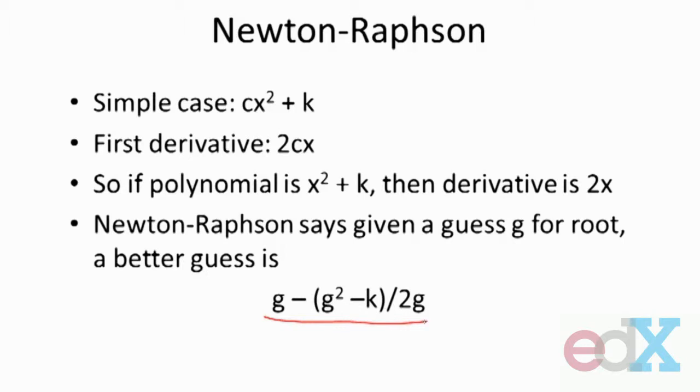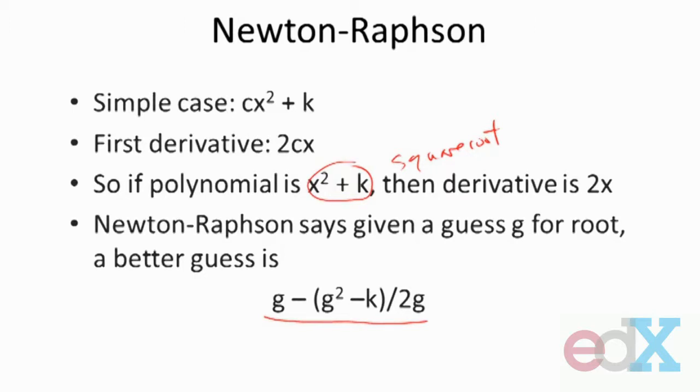It's g squared minus k all divided by 2g. And remember, we were using this form to find square roots, because if k is the value whose square root I want to find, then that's the polynomial I want to use. So this little formula says here's a better way of finding a guess for the square root of k.